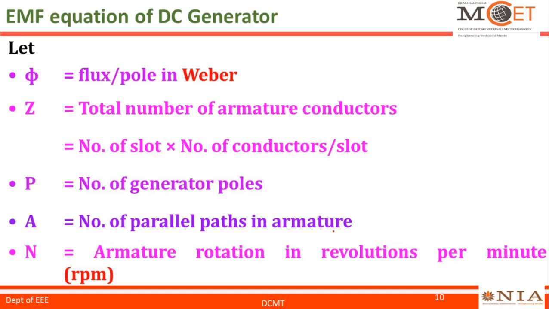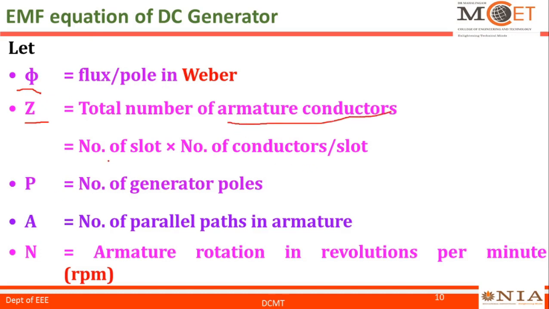Let us discuss the equation of electromotive force of a DC generator. Let phi be the flux per pole in Weber and Z the total number of armature conductors.